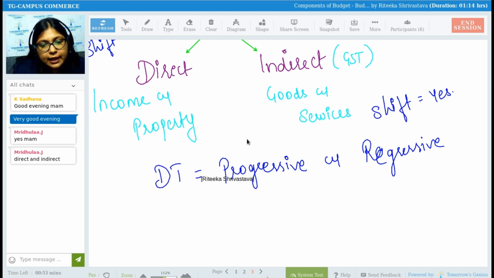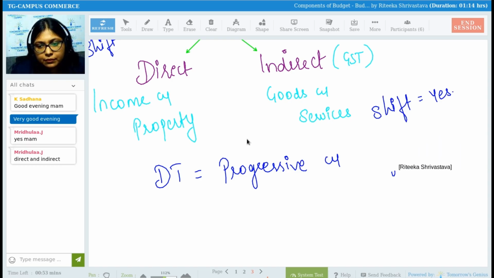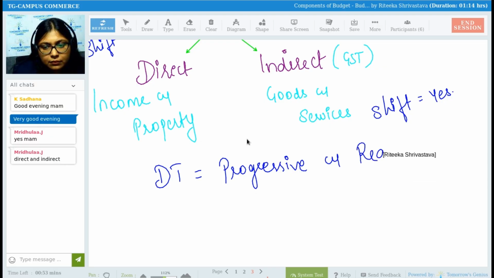Direct taxes can be of progressive nature, and they can be of regressive nature. So what do we mean by the terms progressive and regressive?